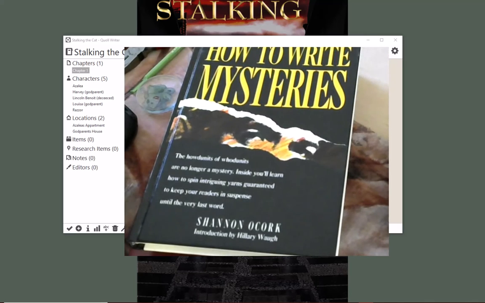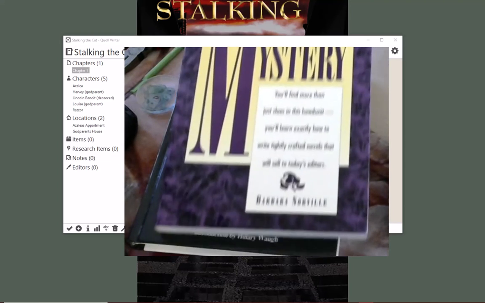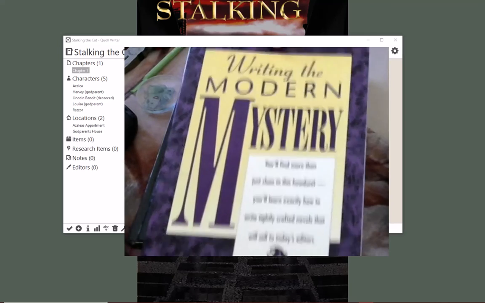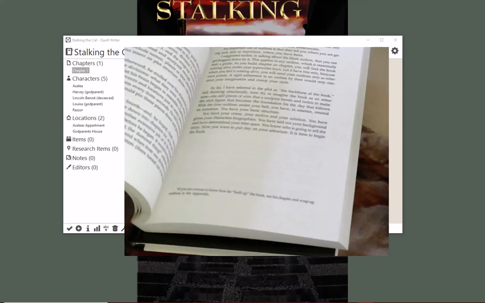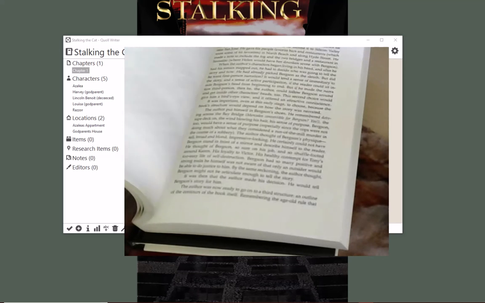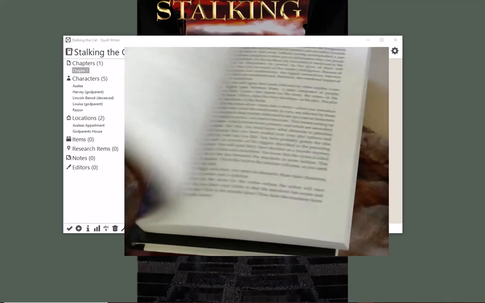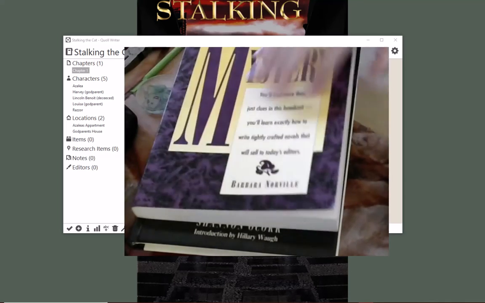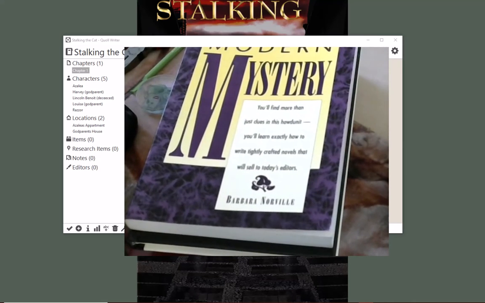So that's another reference. I have a book here also called Writing the Modern Mystery, and this one could also have some information about developing plots and how to go about handling timelines and things like that. There's some nice little graphics in there. So I'm going to probably skim through that one as well.